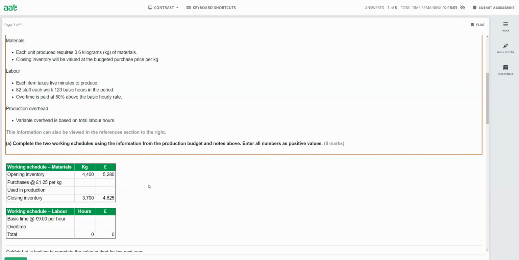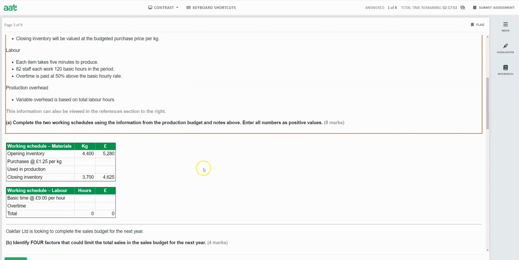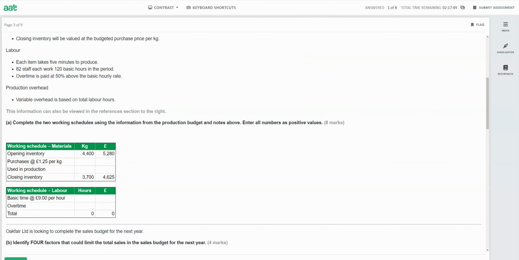So for the material, we need 0.6 kilogram of material to make 1 unit. So how many units are we making here? Our production is 174,000 units. So let's do the workings now. For 174,000 units, and per unit we need 0.6 kilograms.